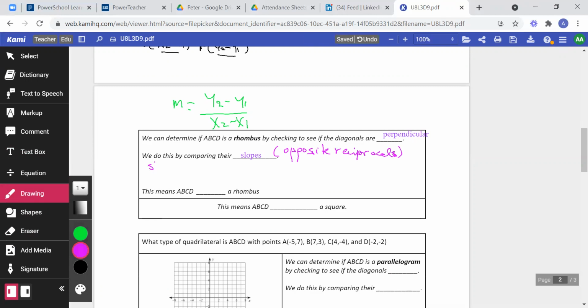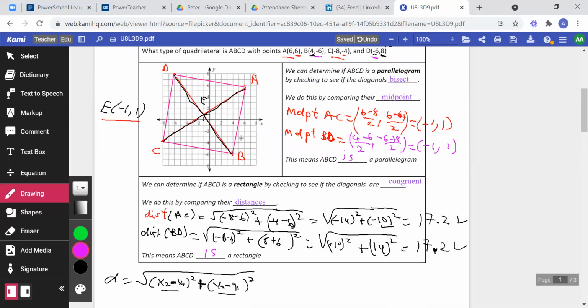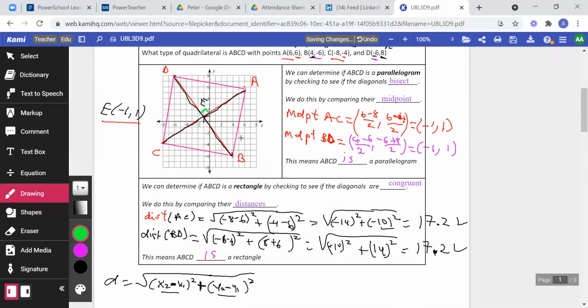Then let's find the slope of BD. We want to find the slope of this diagonal and the slope of the other diagonal. We want to check if really we're going to have a rhombus here. Since BD goes downward, the slope is going to be what?